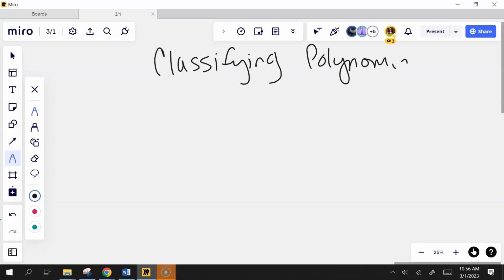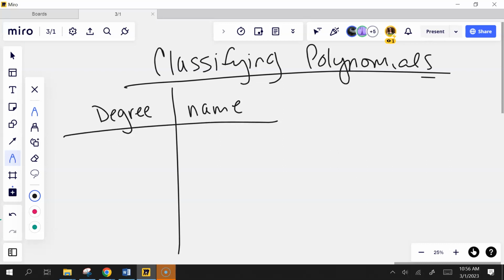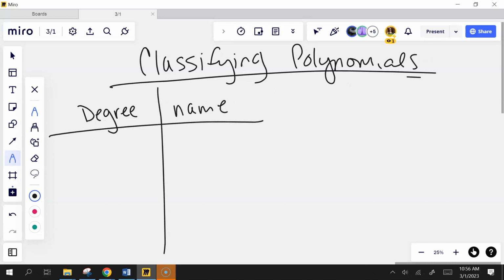Two ways we classify polynomials and give them names. One is by their degree. The other is by their number of terms.